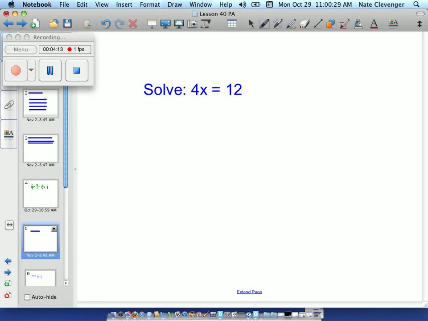We're going to solve this algebraically just like we do when we have addition or subtraction between our value of x and our equals. Well, here, what's the operation between 4 and x? It's multiplication, isn't it? It's an implied multiplication.